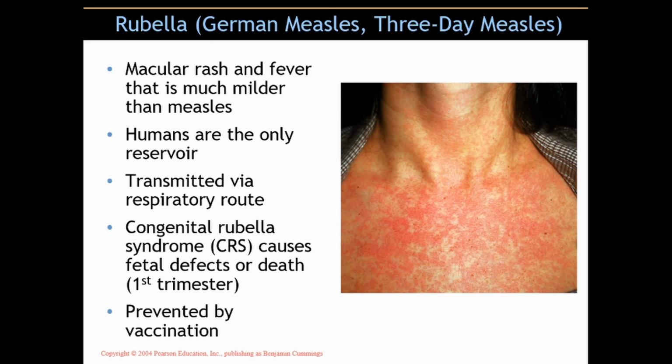The major concern of rubella is congenital rubella syndrome, or CRS, which causes fetal defects or death in the first trimester. This was found out, unfortunately, through a number of miscarriages that occurred in the United States, where the discovery of the link between rubella and these fetal defects or death was made. It's prevented by vaccinations, the MMR vaccinations, measles, mumps, and rubella.